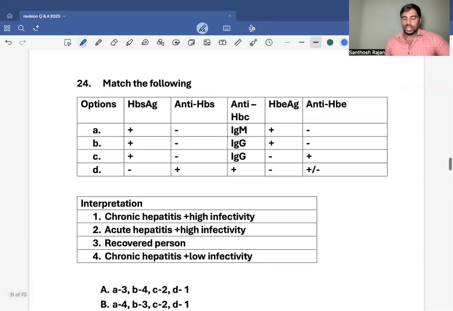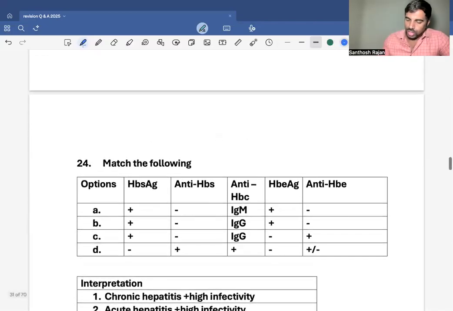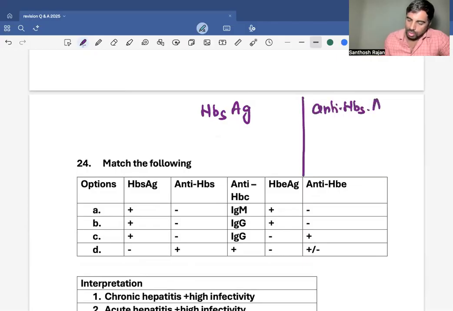Look at this question. Now, hepatitis B, based on this, they'll ask you one question. They'll give you the idea and then tell you to find if it's acute or chronic hepatitis: high replication, severity is more or less, acute or chronic like that. So now here we know very, very well. First of all, one clue. Whenever you talk about HBsAg, and of course its antibody, anti-HBs, okay, antibody.